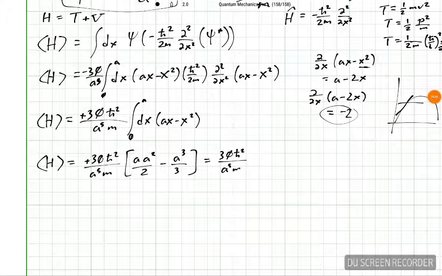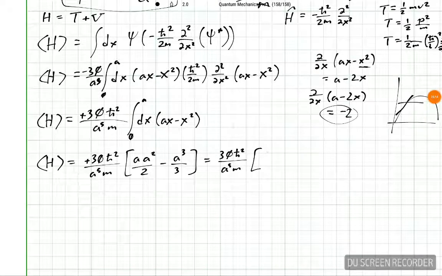So we have a to the 5th, and then that's going to be times 3 over 6 is 1/2, and then we have 2 over 6 is 1/3.